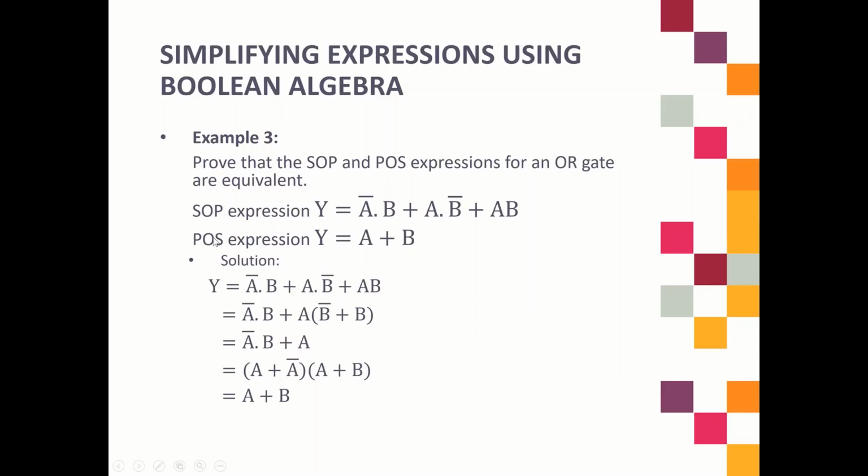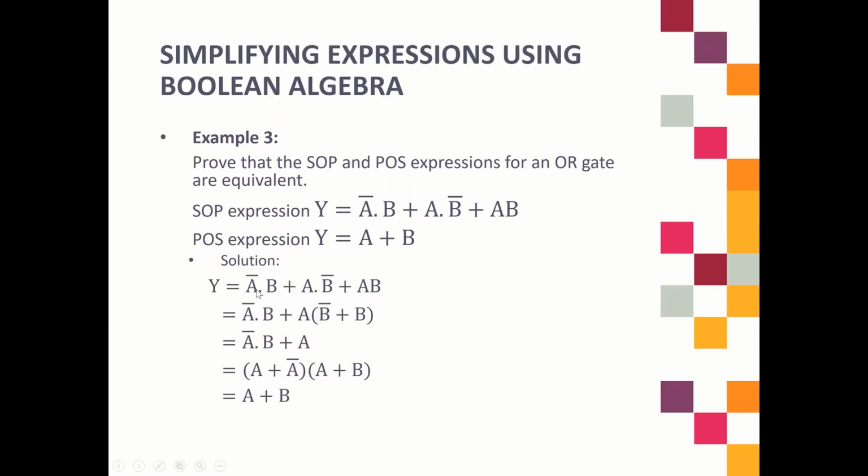So you are given two equations, SOP and POS. What you need to do is simplify SOP until you get the POS expression, meaning until you get these expressions. So this will be your answer. That's why I told you that proving is actually easier than simplifying, because you already have the answer.